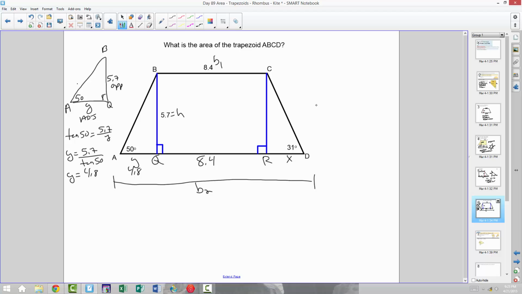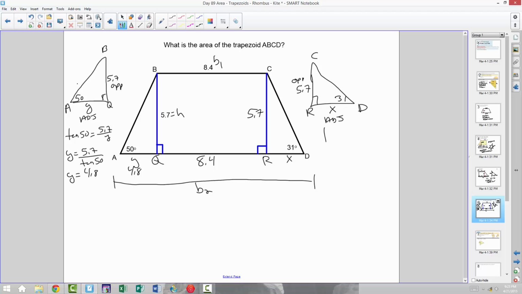I now repeat the process for the CRD triangle. So I have a right triangle. Here's CRD. This is 31. This is also 5.7 because the heights in a trapezoid can never be different. And I want X. So I have opposite given the angle, and I have adjacent to the given angle.